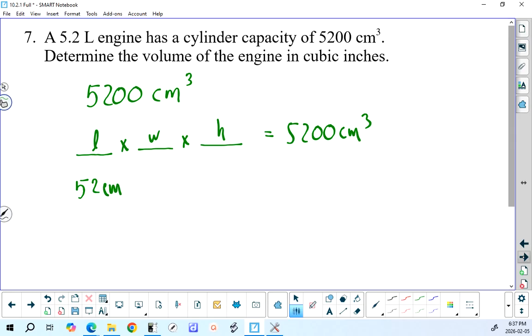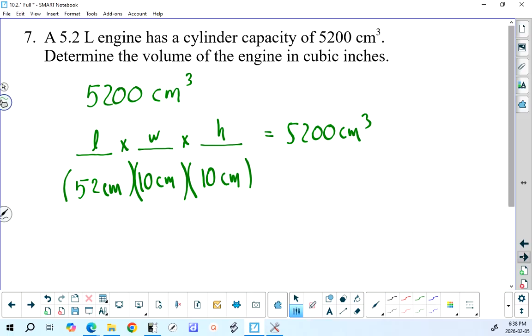Well, let's break the 100 into 10 centimeters and 10 centimeters. This would give us 5,200 cubic centimeters. So we're going to convert those three made up length, width, and heights to inches, and then multiply, and we will get cubic inches.